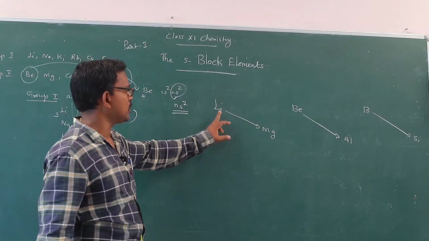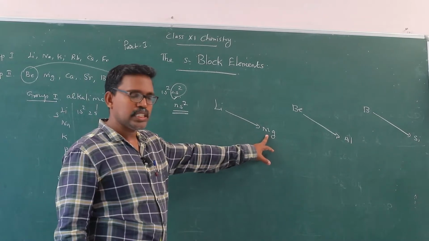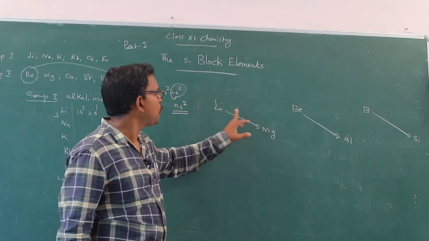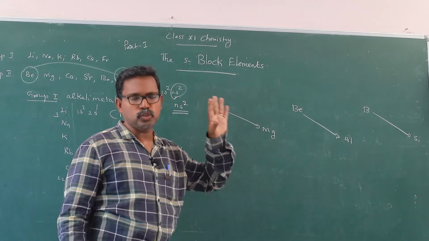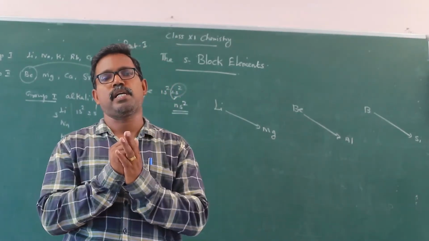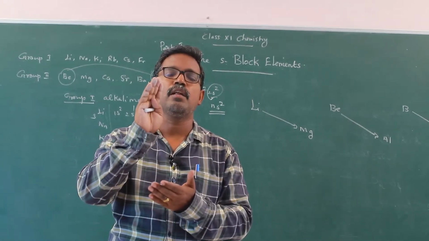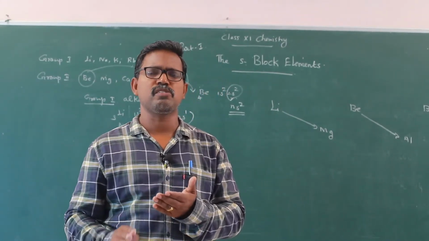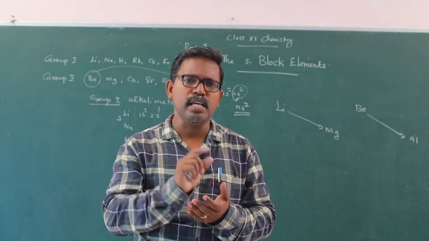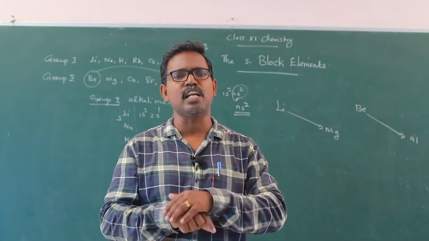Lithium of group 1 is diagonally related with magnesium of group 2. These two elements show similar characteristic properties. Why do these elements show similar characteristic properties, that is, a diagonal relationship?